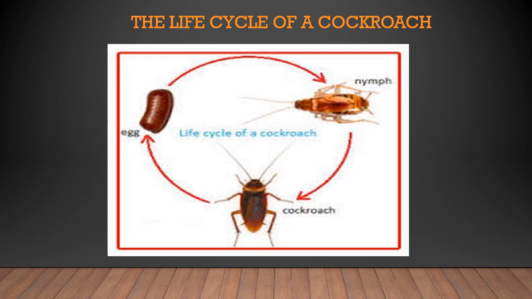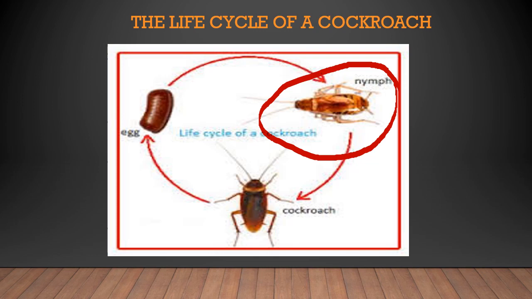Each egg hatches into a baby cockroach called a nymph. Now here you can see this is a nymph. It looks like the cockroach, but it is not completely like the adult cockroach. It should change its skin a lot of times to become like the adult cockroach.